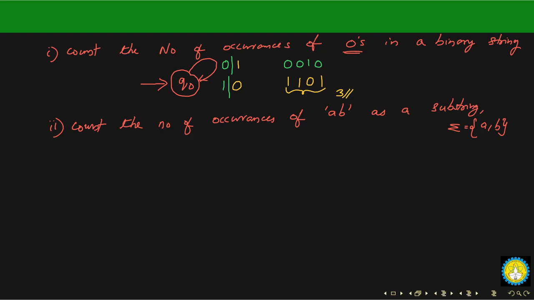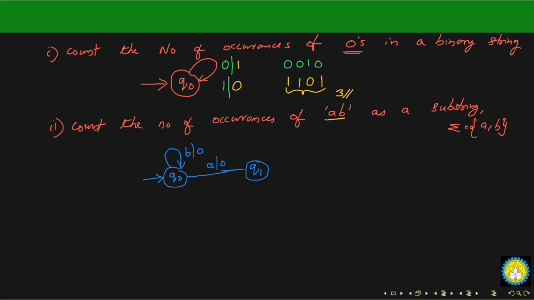Now, the second question is about counting the number of occurrences of AB as a substring, where the alphabet set is A, B. The design is very straightforward here. If you see a B in the starting state, you output a 0. If you see an A, you still output 0, but you go to another state, Q1. From there, if you see a B, you output a 1.